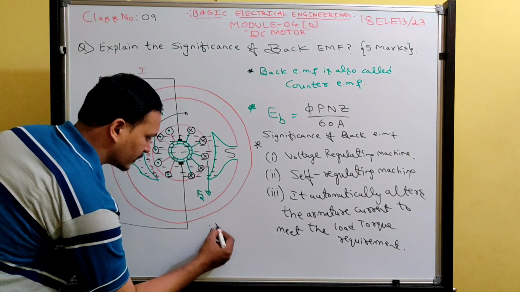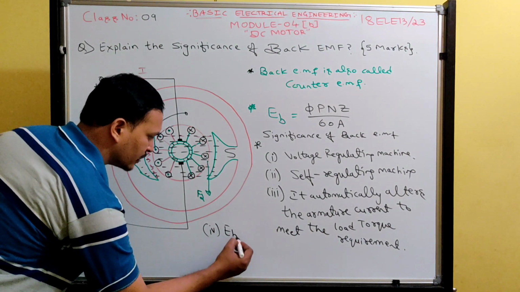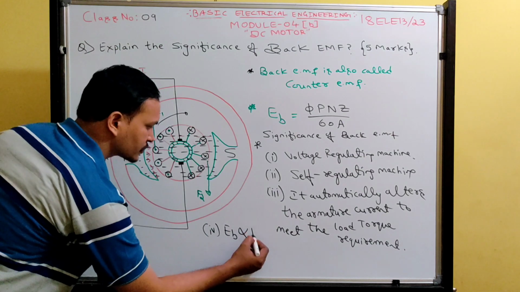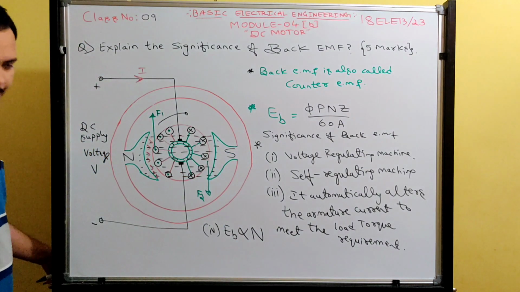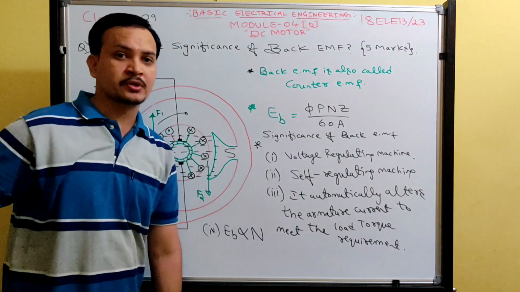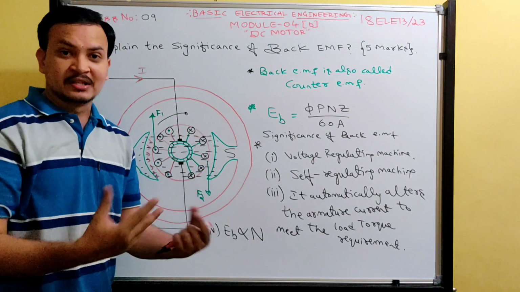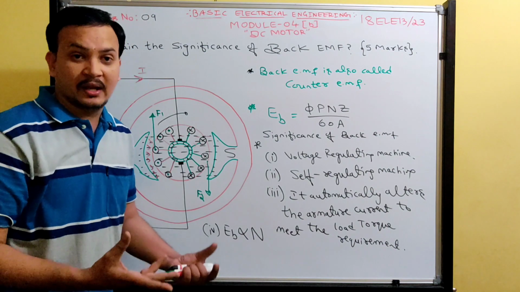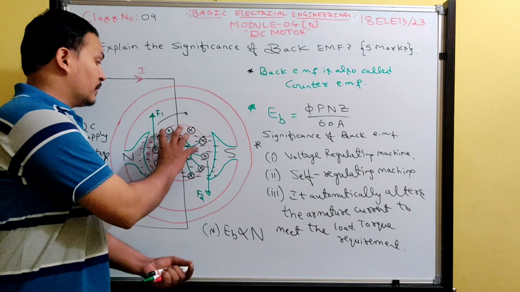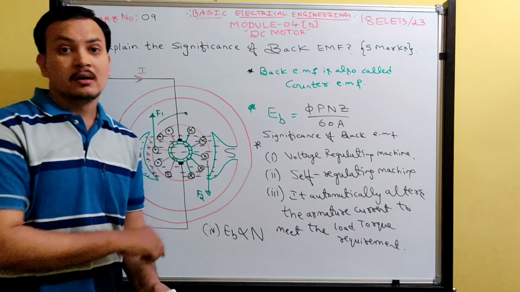Next, point number 4: back EMF is directly proportional to speed. See, if the armature conductor does not rotate, it will not cut the main flux.